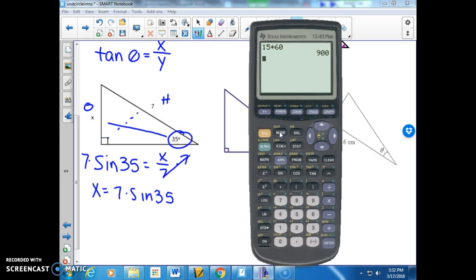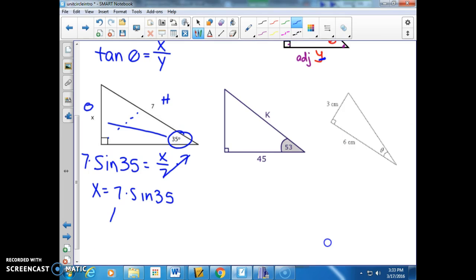We'll talk more about that as we move on. So 7 times the sine of 35 is 4.01. So x is 4.01. Then I'm going to look at it and make sure that makes sense. It's smaller than the hypotenuse, so it does make sense. That one is the first problem.